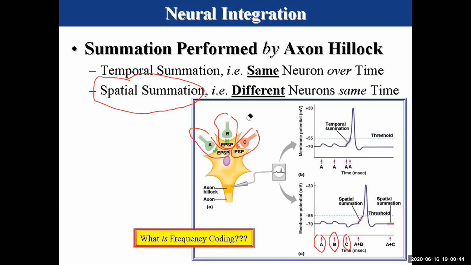Okay, but if B and C fire together, you have it over here. The two add up, you have an action potential here, generated at the axon hillock.